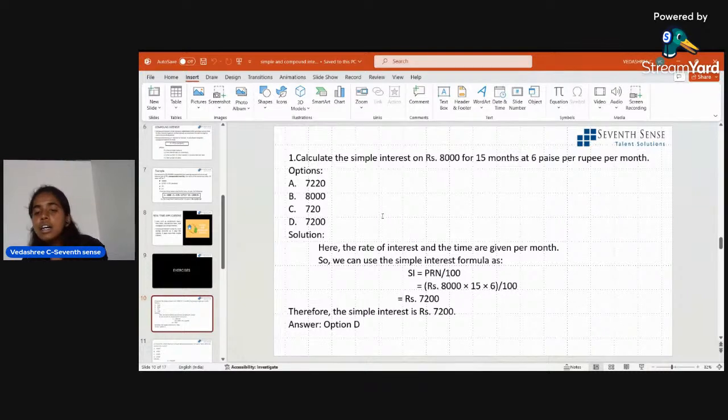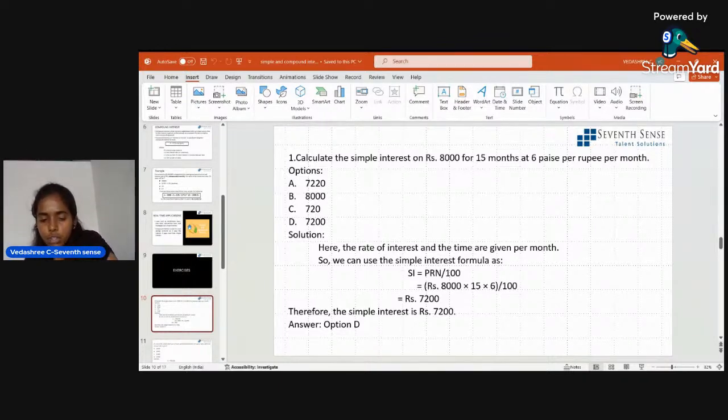They have given 6 paise per rupee per month, and the total months are 15, so we are taking 15 into 6, that is 15 months into 6% of interest, divided by 100. We will get 7,200. So option D is the correct answer.